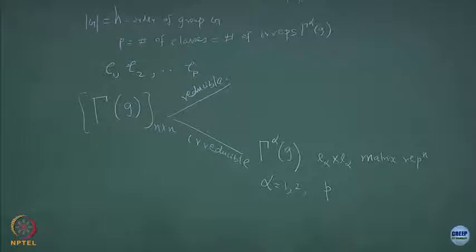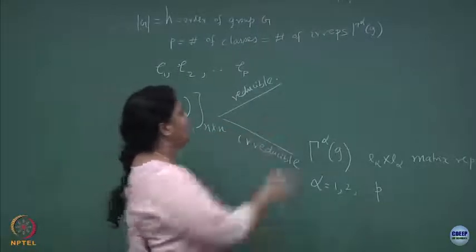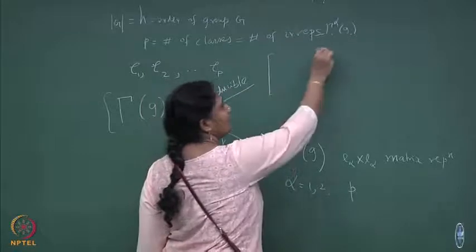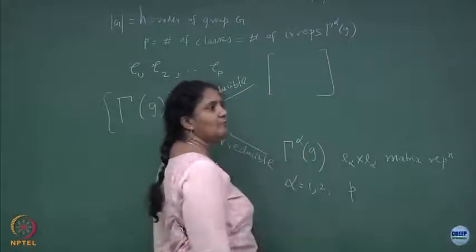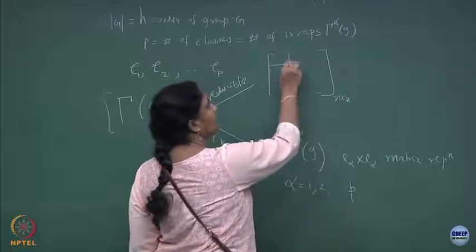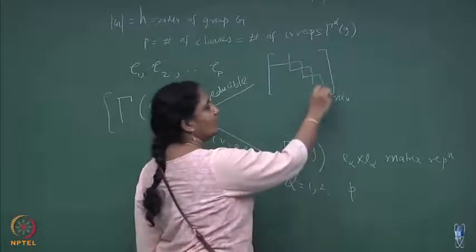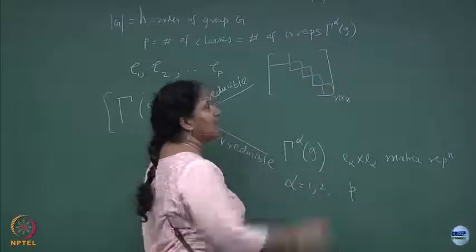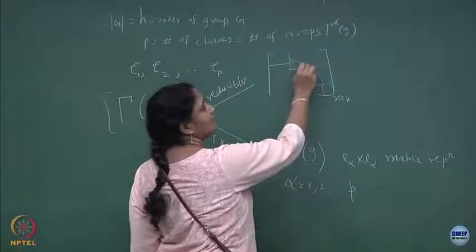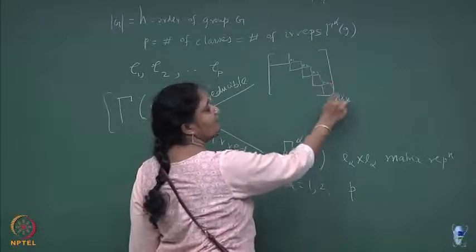And then what I am saying, reducible means I basically can find an S and bring it to a block diagonal form. So, this n cross n can break up into pieces. Suppose this is n1 cross n1, this is n2, this is n3, this is n4 and so on.